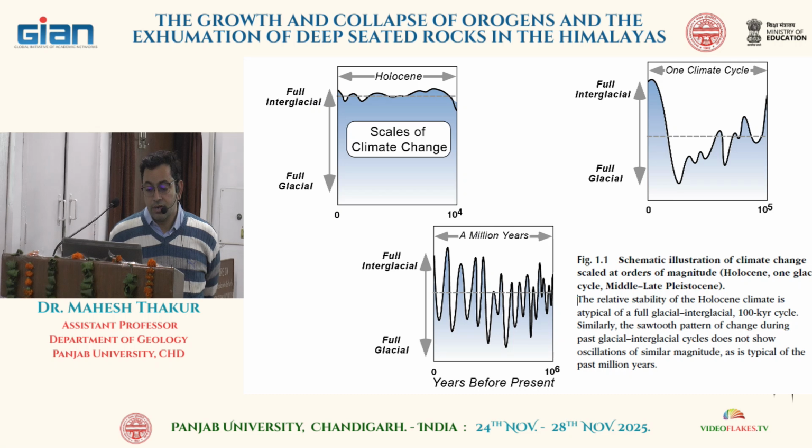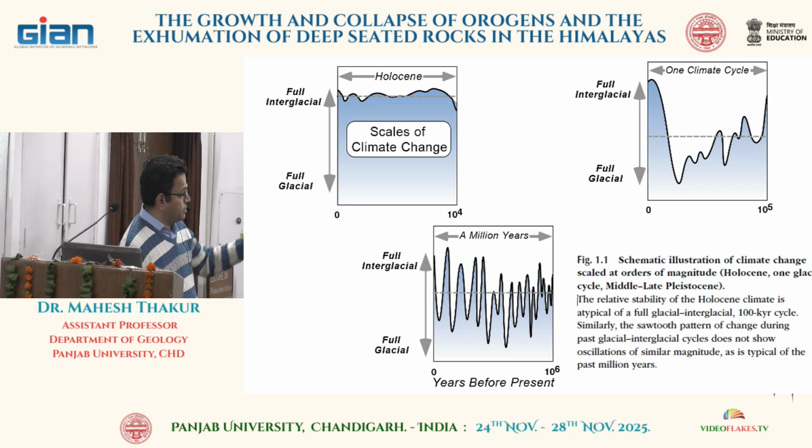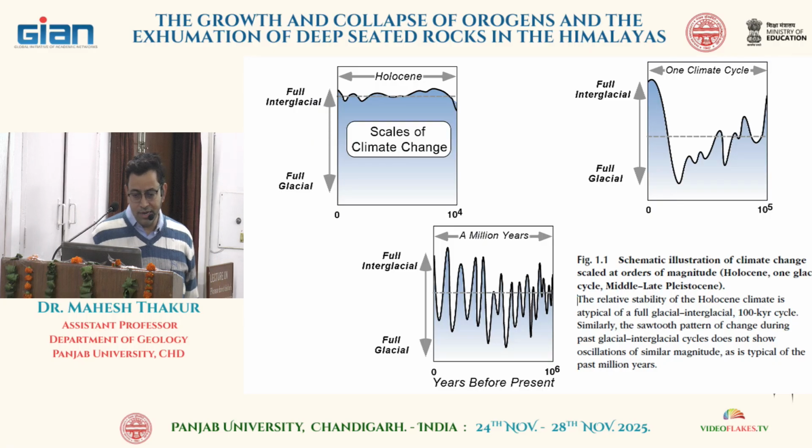In the second scale, we are seeing one full climate cycle, and in the third diagram, at a scale of 1 million years, we have many fully interglacial and fully glacial periods. So why is this diagram important? Because when we are dealing with sediments, we need to understand the age of those sediments.